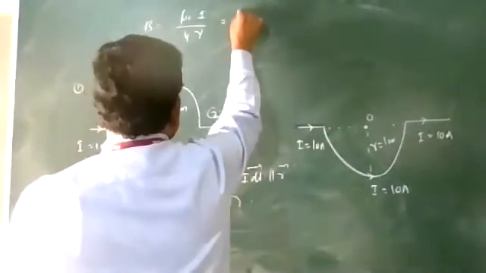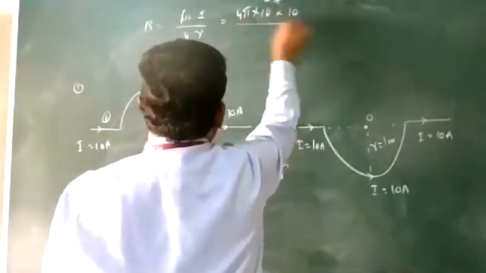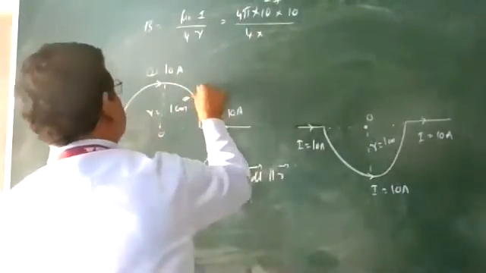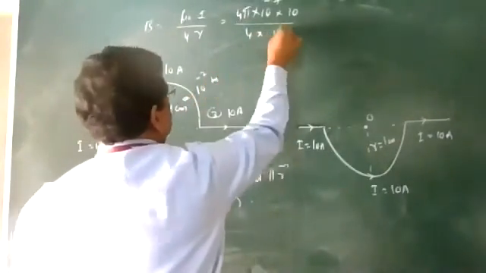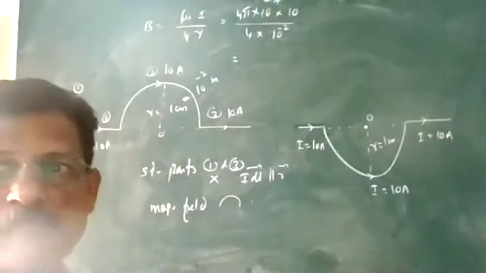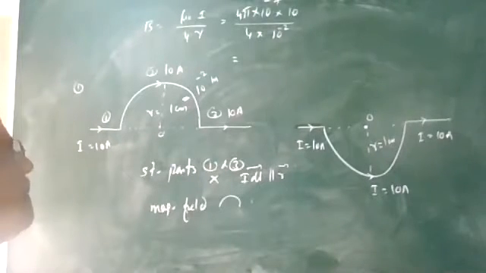Mu naught is 4 pi times 10 to the power minus 7. I is 10. R is 1 centimeter, converted into meter, 10 to the power minus 2 meter. Calculate the value and tell me what you have.